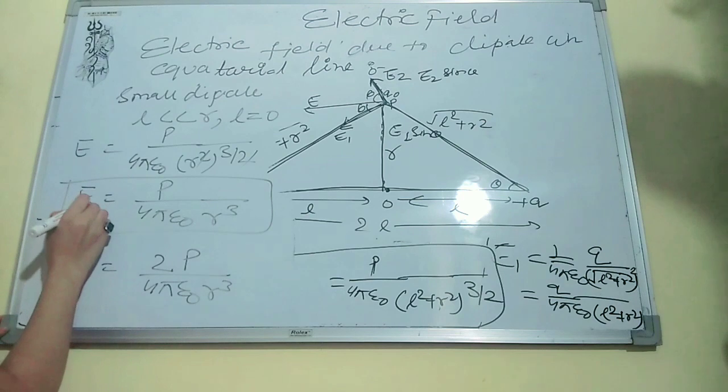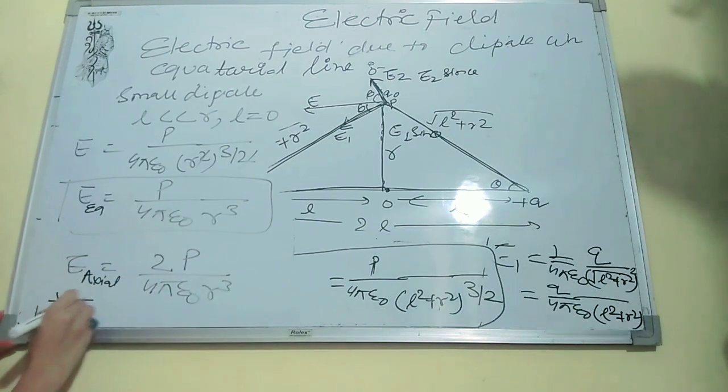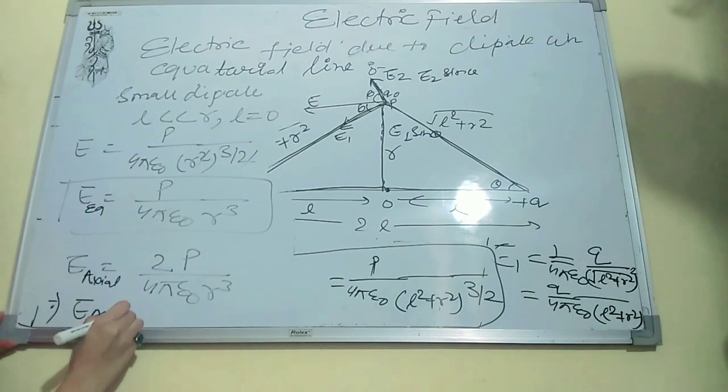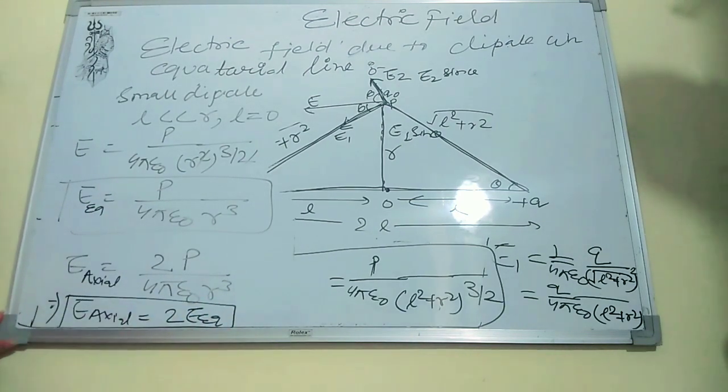This is for equatorial, this is for axial. So here you can see E axial is 2 times E equatorial. So this is the simple relation.